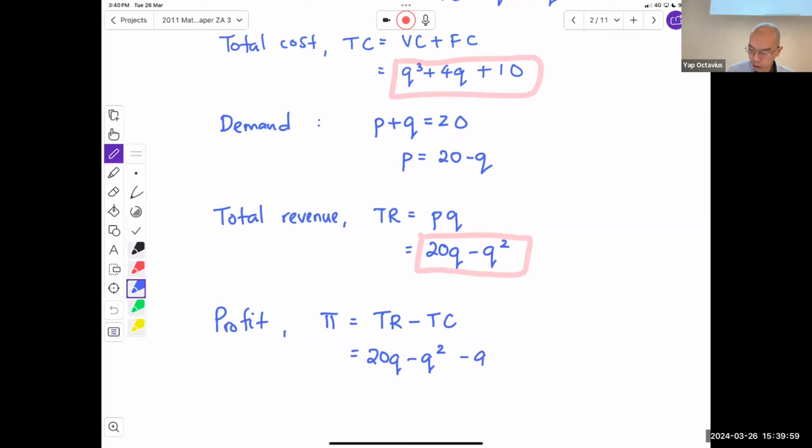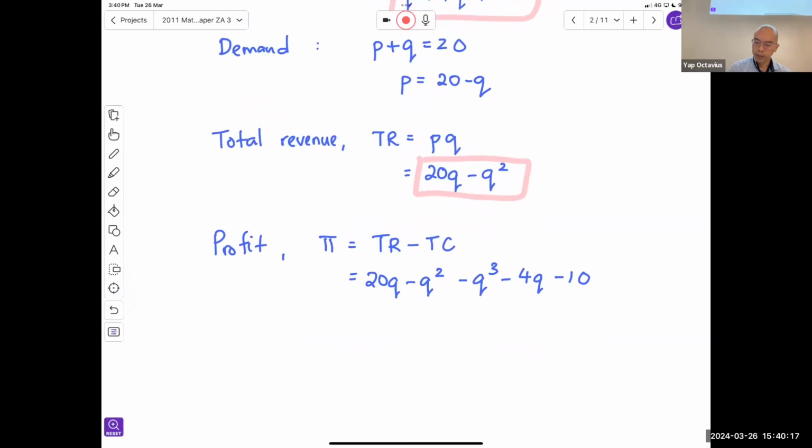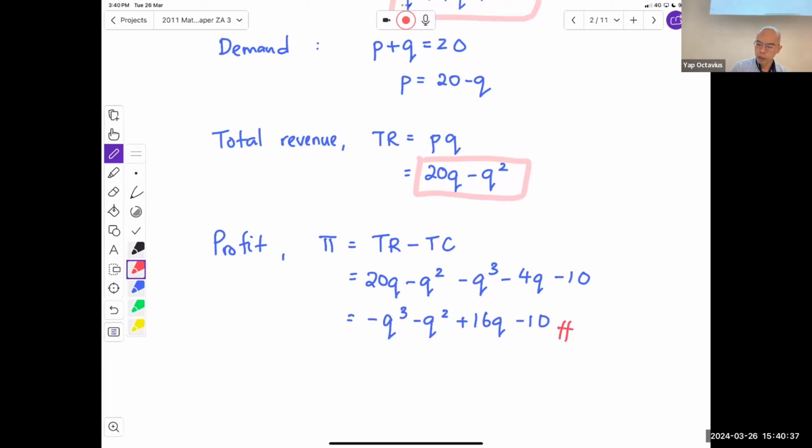Okay, minus the total cost. Okay, there's only one term to simplify. So let's simplify and then let's reorder the powers of Q. Okay, so this is the first part that we need to reach the profit function in terms of Q.